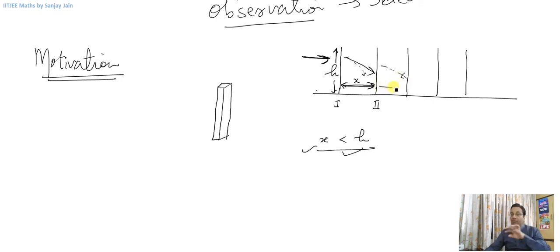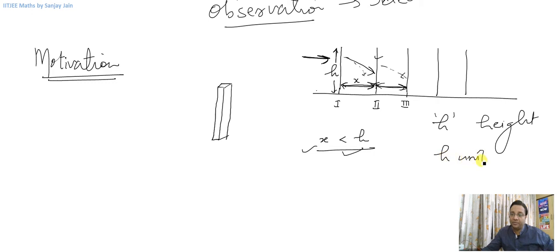Now this will fall on the next one, the third one, only in case that this gap here is lesser than this. So let us consider all of these tiles are of h height, h units. You can choose your units as per your convenience, or you can simply write h units. What I mean is, whatever unit this h has, same unit you will choose for this gap x.